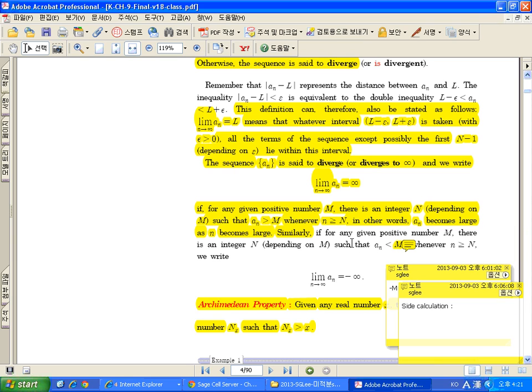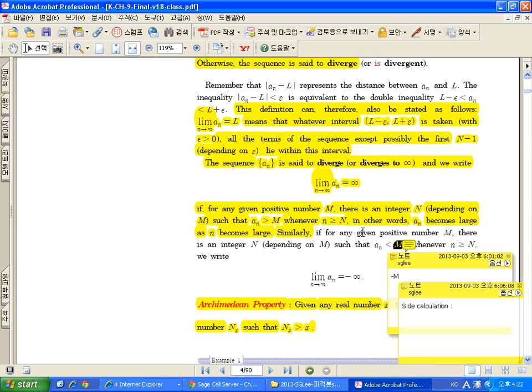If for any given positive number M, there is an integer N depending on M such that a_n is less than minus M, then a_n goes to minus infinity.